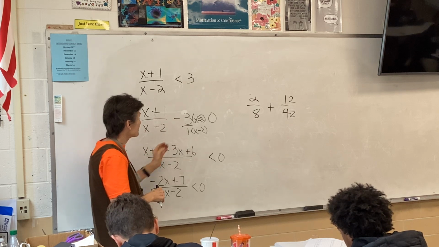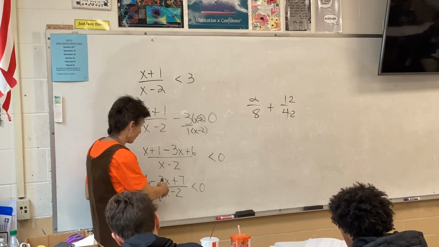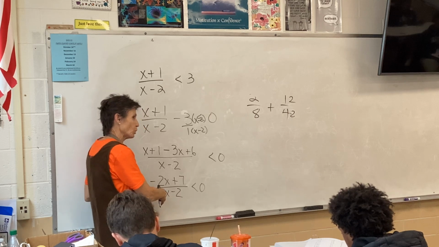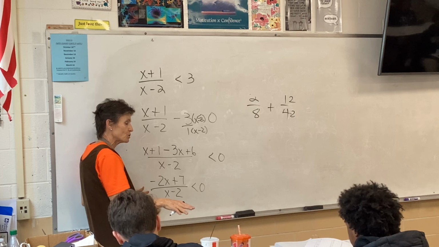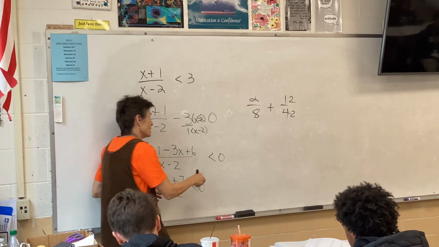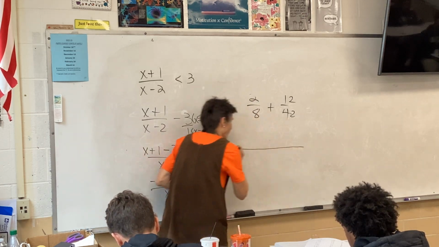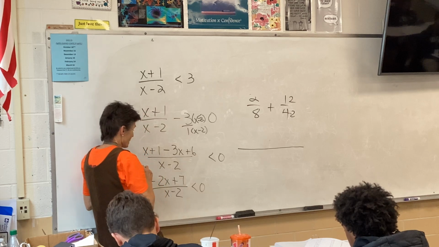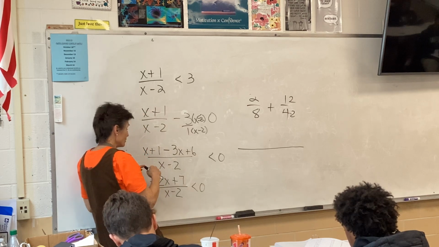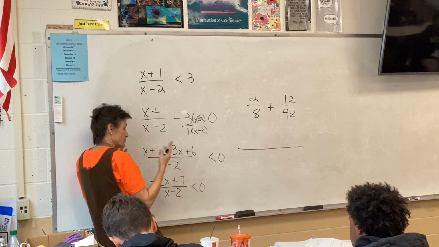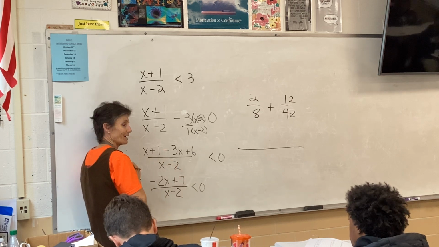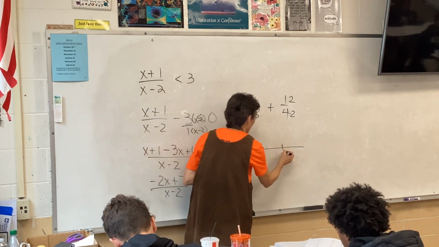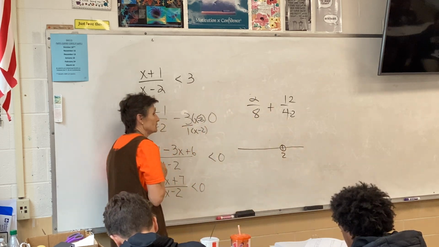Then I could add them together, and now I have this, which looks a lot like those weird problems we were just doing. So I want you to think about my number line. What do you know? Okay, what would make this problem undefined? What is it not good? 2. So I'm gonna put an open dotted 2.